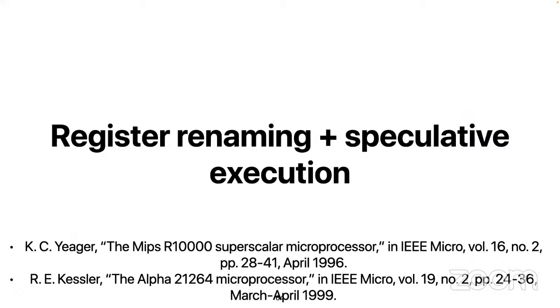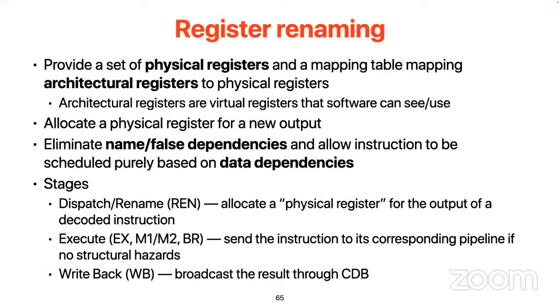So here comes the idea of register renaming and speculative execution: we provide a set of physical registers and a mapping table between architectural registers and physical registers. Whenever there's a new output, we allocate a new physical register. This way, we are able to eliminate all the name dependencies and schedule our instructions purely based on data dependency.